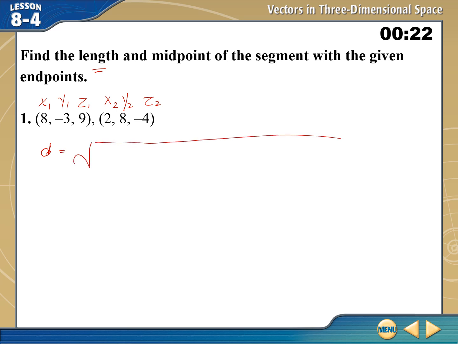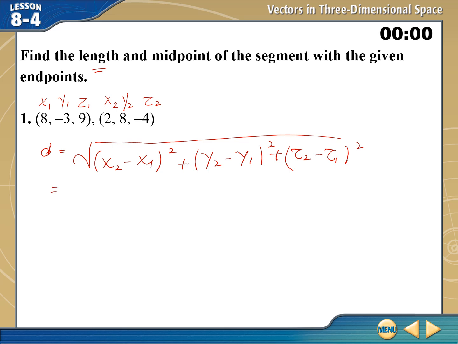Make the square root and take the differences of the points: the difference of the x coordinates, the y with the y, and the z with the z, and square them. So x2 minus x1 whole square plus y2 minus y1 whole square plus z2 minus z1 whole square.